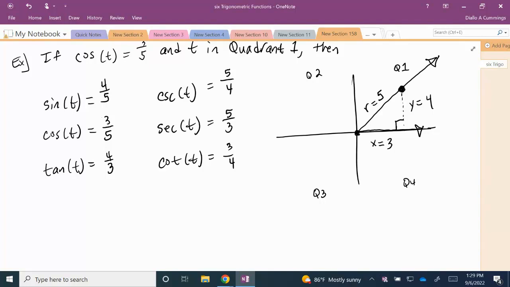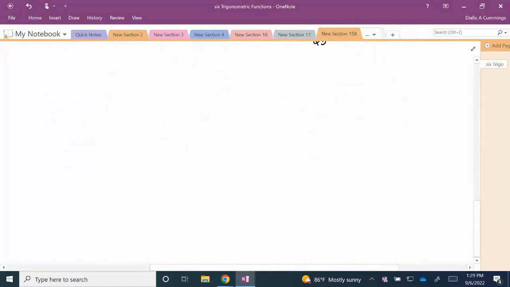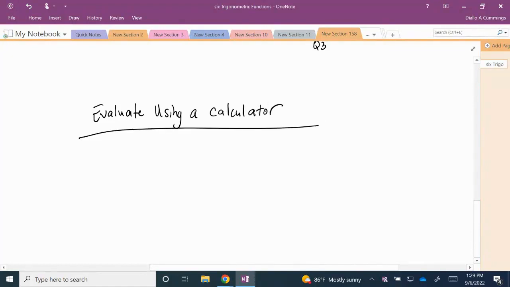Now, if we're asked to evaluate trig functions using a calculator, we're going to use the following functions.